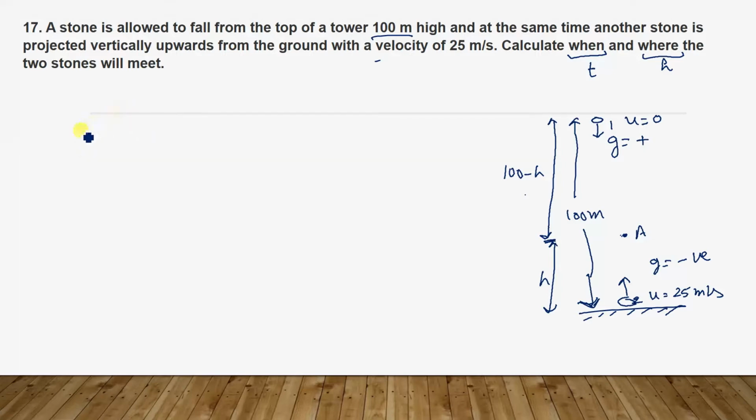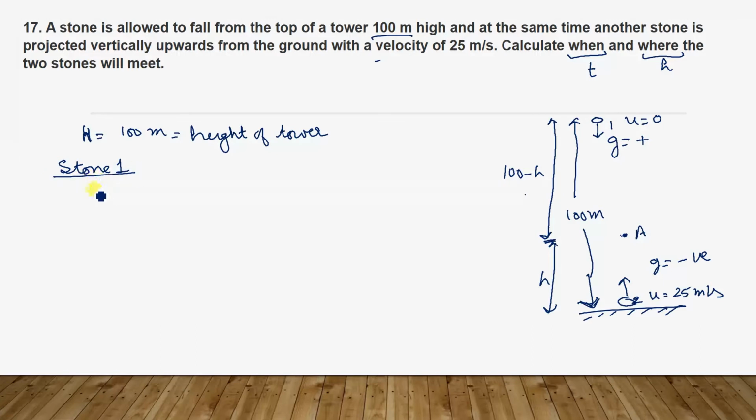What is given to us? Height of the tower. Let's take capital H for it. It is 100 meters. This is the height of the tower. Then for stone 1, let's do the case of stone 1.